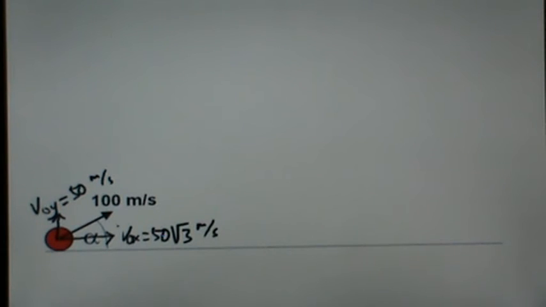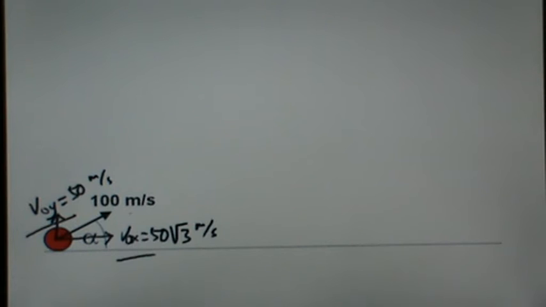This is the first step we need to find in the typical parabolic problem. So we have to find the initial speed in the horizontal and vertical direction.